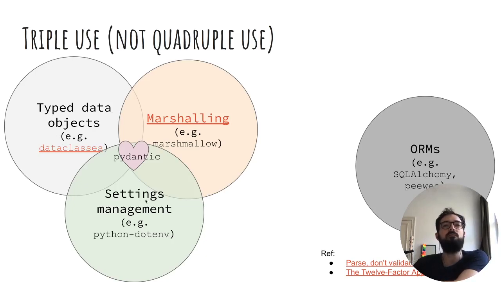Then there is the second area, which you might have run into if you've done backend development before in Python. It's called marshalling, and marshalling is basically a way to transform, most often, JSON data into an object.